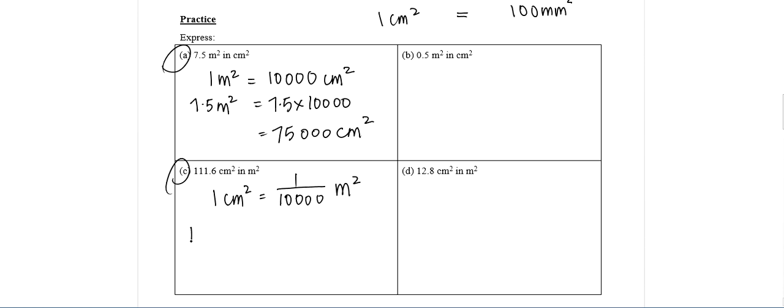If this is the case, then 111.6 cm square will be equal to 111.6 times 1 over 10,000 meters square. Enter this whole thing into your calculator. Your calculator will be able to tell you that it is equal to 0.01116 meter square.